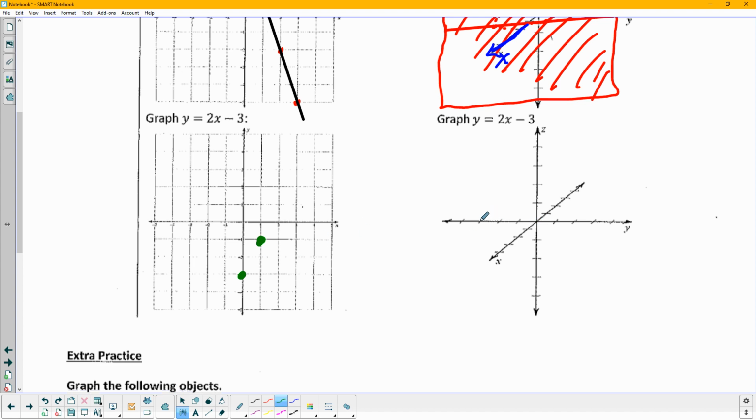So it goes through the point 0, -3, and that's the same idea. This is 0, -3 in 2 dimensions. In 3 dimensions, this is just 0, -3, and it has a z-coordinate of 0 also. Okay. I don't want that there. It's just going to muddy up the waters a little bit. But then it goes to the point 1, -1. 1, -1 is right here. So I'd get another point right in there.